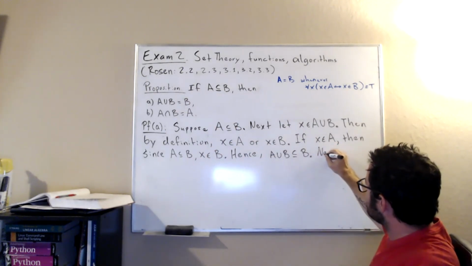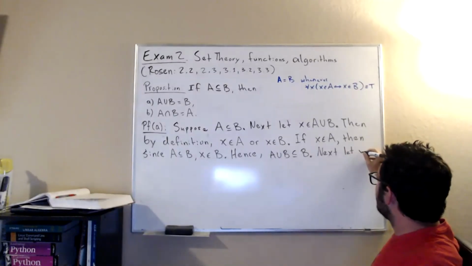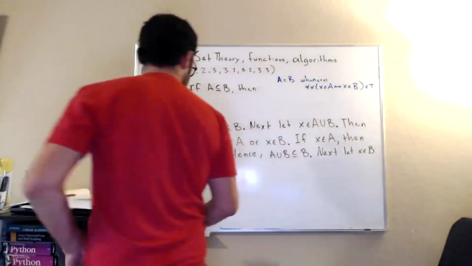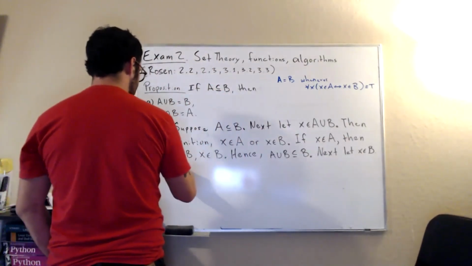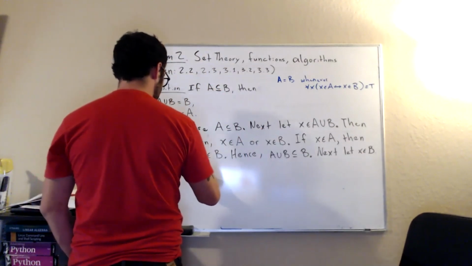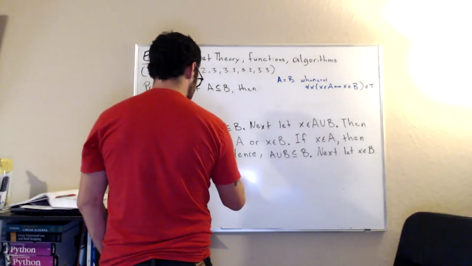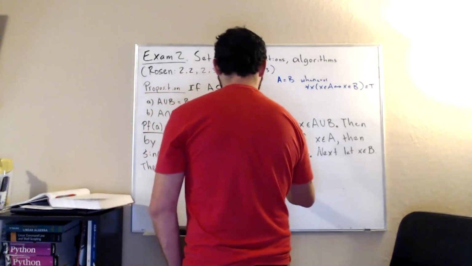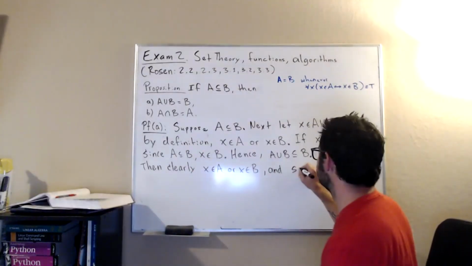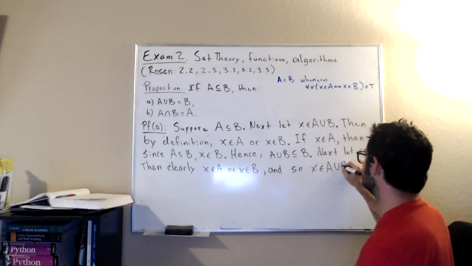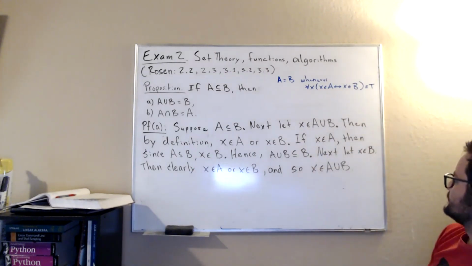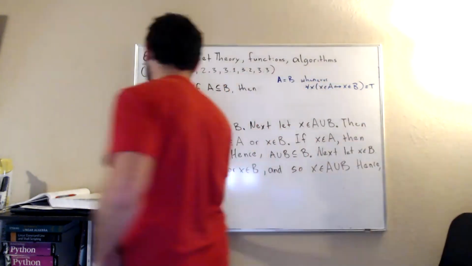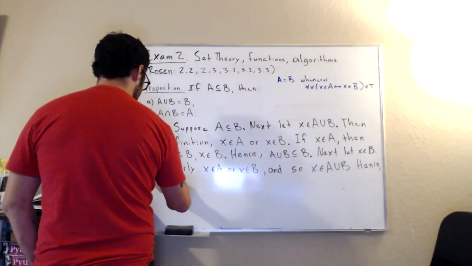So next, let X be an element of B. Then clearly X is an element of A, or X is an element of B. And so X is an element of A union B. So that part was easy. B is a subset of A union B.